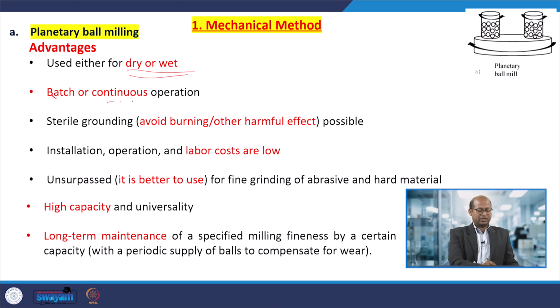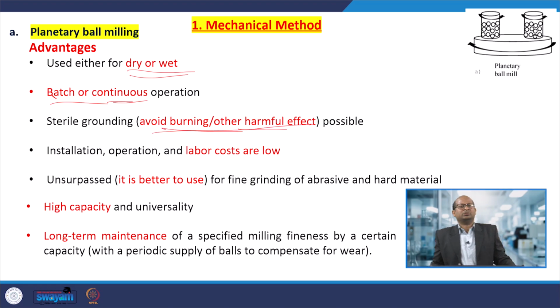We can prepare the materials by batch or continuous operations. In this particular method, there is no burning effect, whereas when you heat materials up or reduce size some other way, there are possibilities of contamination and burning. That we can avoid; that type of harmful effect is not seen in this type of operation. Installation and operating labor cost is very low.